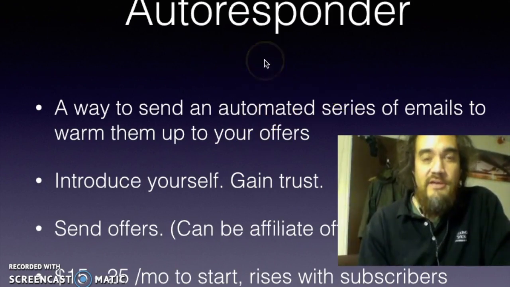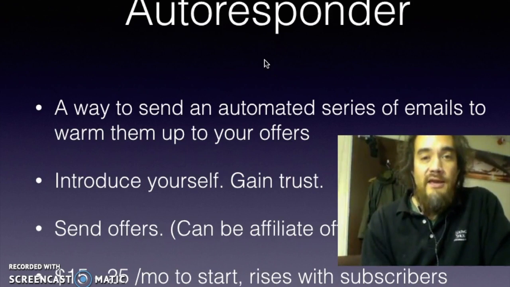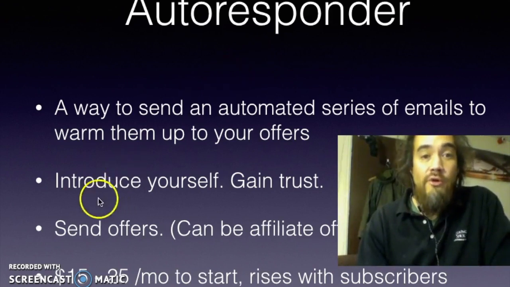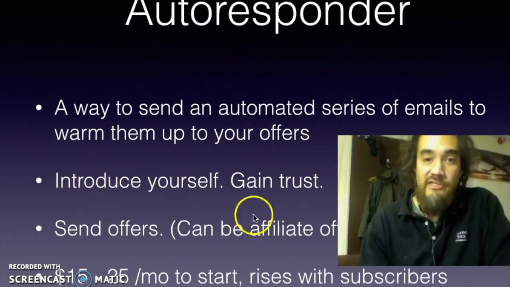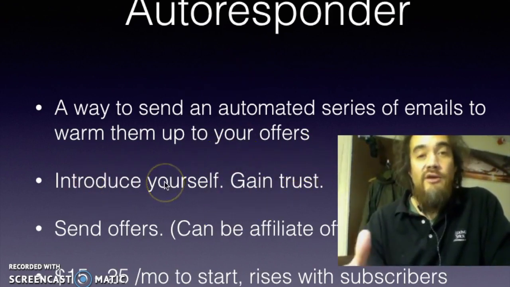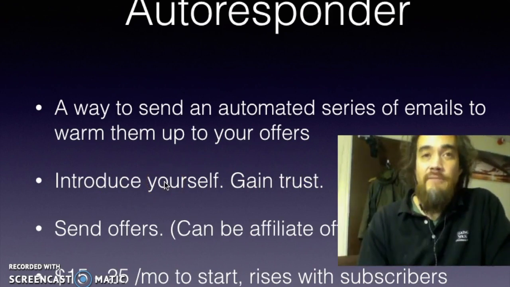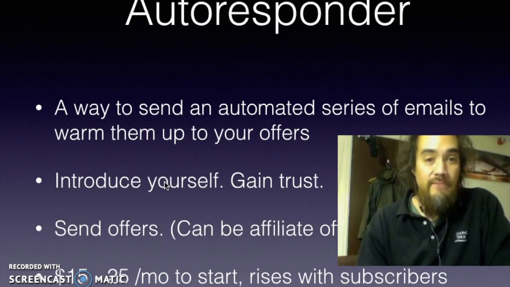You just put your emails into the system, and whenever somebody signs up, it sends them an email on the first day, another email a day later or 2 days later, however you set it up. You send them a series of emails that are going to warm them up to who you are, introducing yourself, gaining trust, and warming them up so that by the time you give them an offer, they'll feel much better about your recommendation of it.